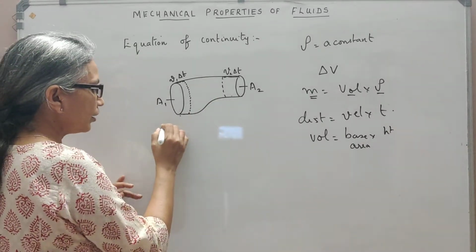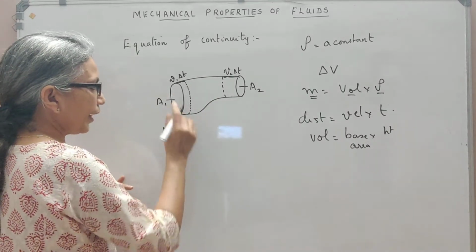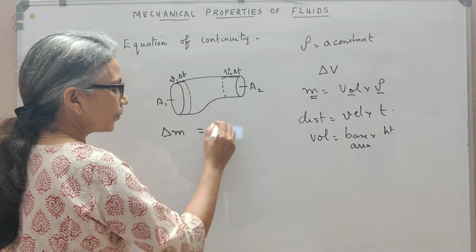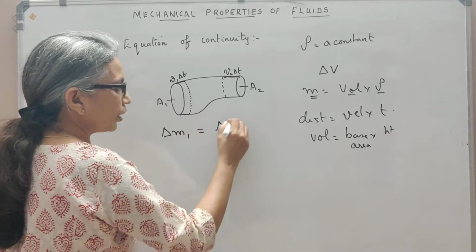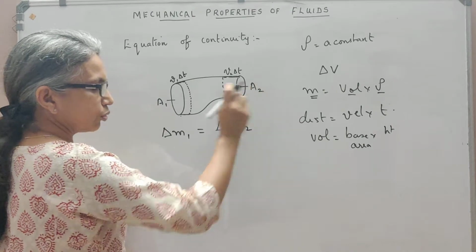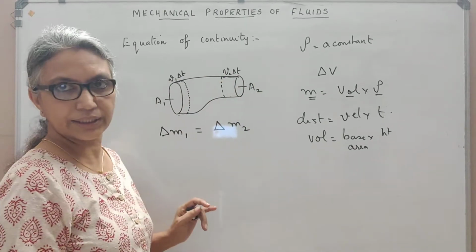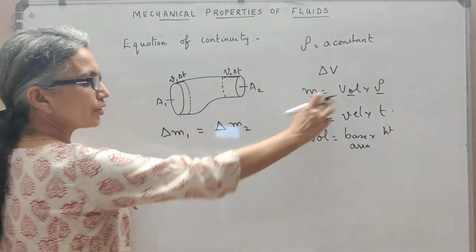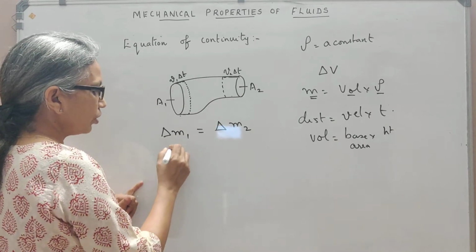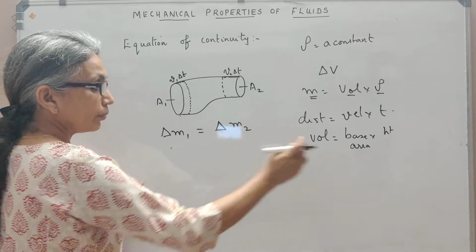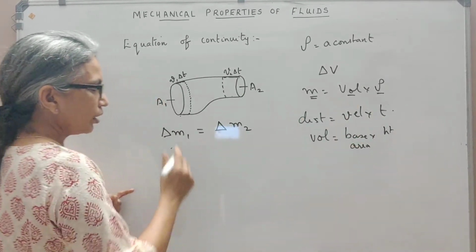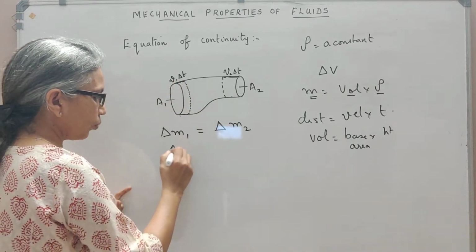So we know that the mass of fluid entering at end 1 must be equal to the mass of fluid coming out at end 2 in the same time interval delta t. Mass is volume into density. So we may write volume is base area into height. The area here is A1.